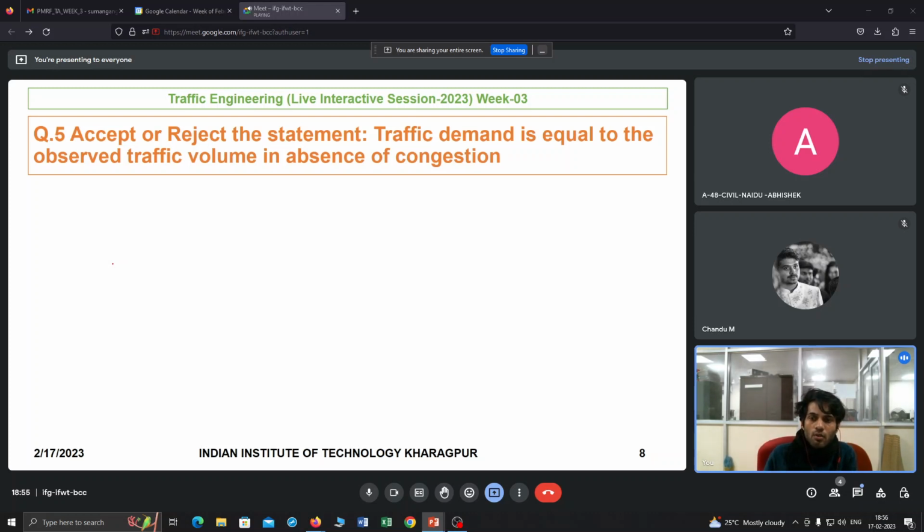Your demand is not equal to the observed traffic volume. The potential demand could be high, but people may avoid that particular route due to heavy congestion.